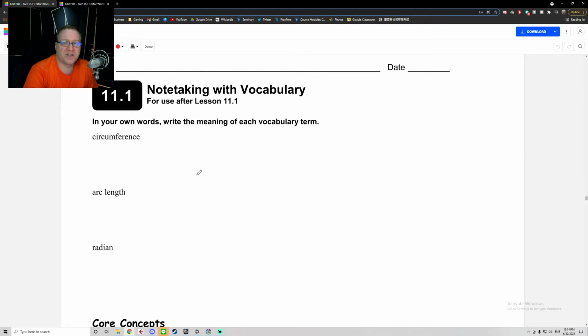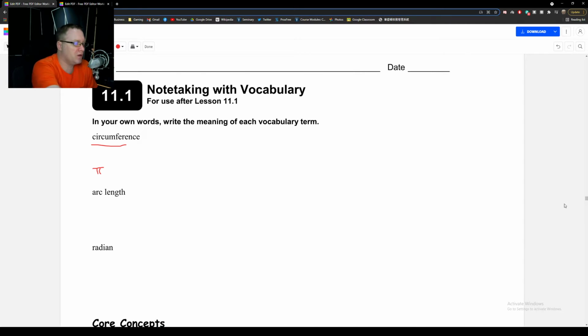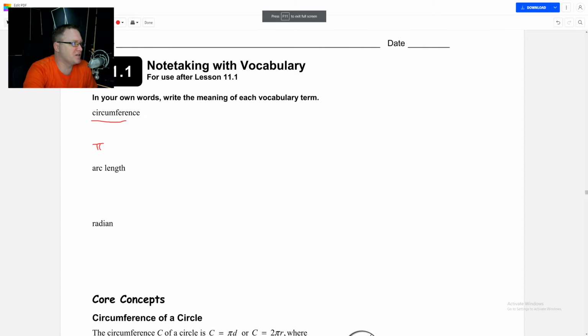So, yesterday we talked about circumference, and we also talked about what pi is. Today we're going to talk about arc length and radians. We're going to start with a definition for arc length. So, what is arc length?